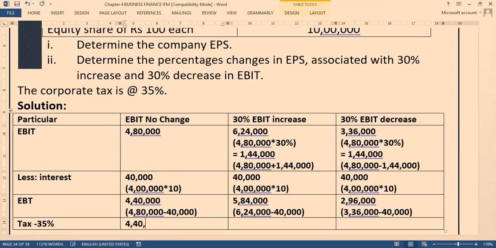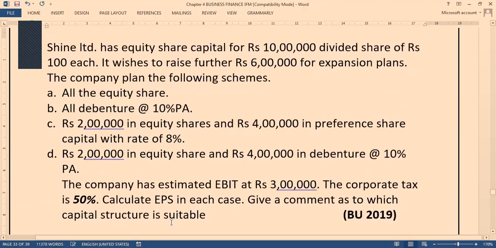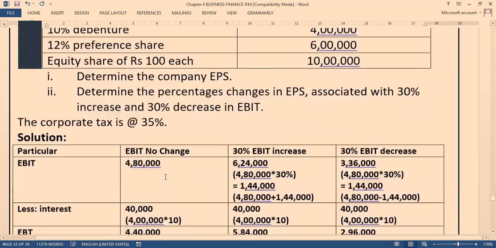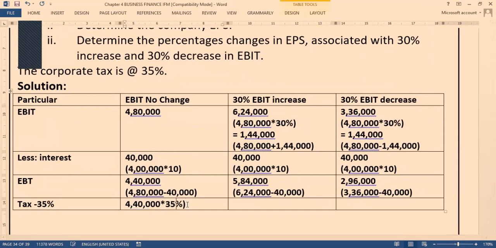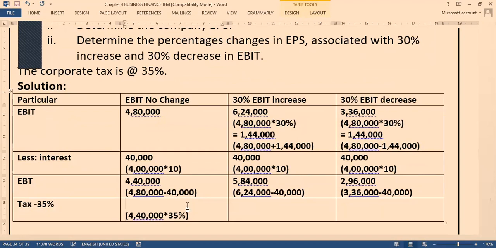So 4,40,000 into 35%. You'll be getting around 1,54,000.